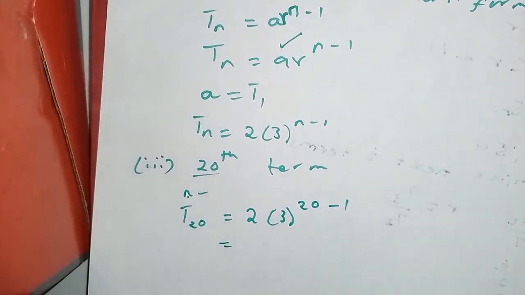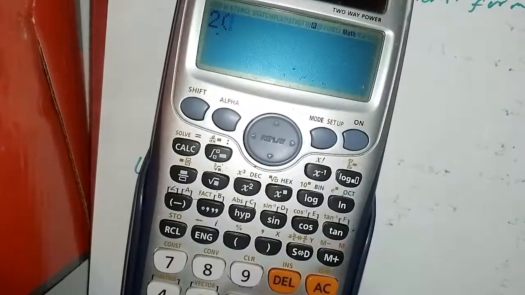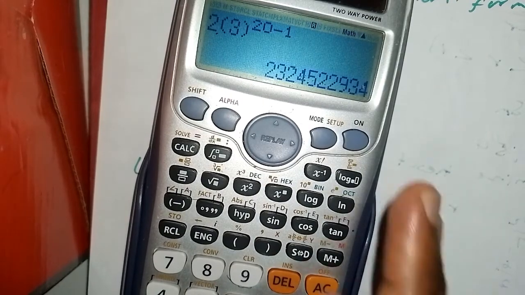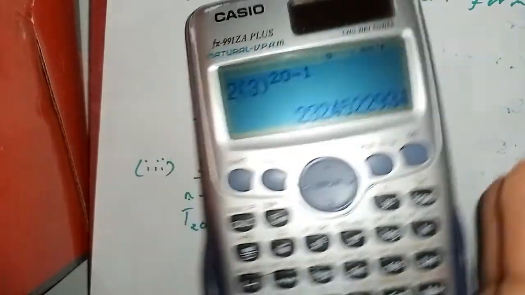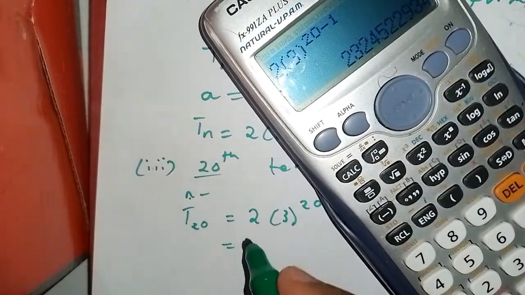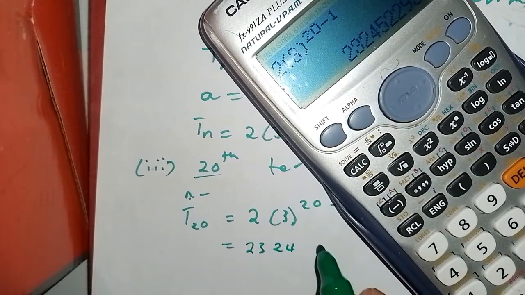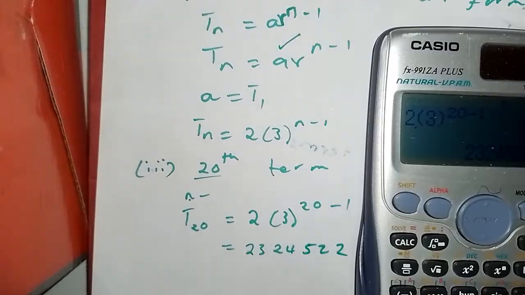What is the answer to that? Then I'm just going to say 2 into 3 to the power 20 minus 1. There's my answer. It's 23, 24, 52, 29, I believe.